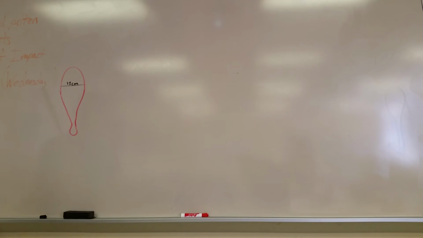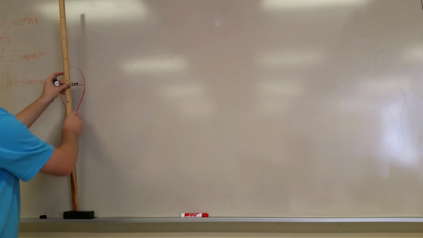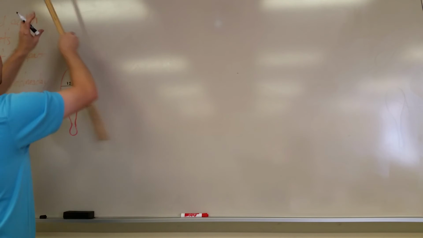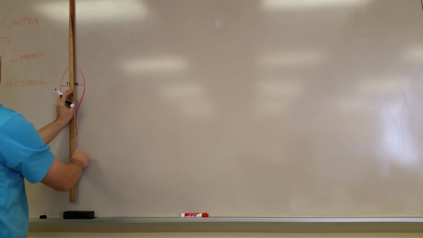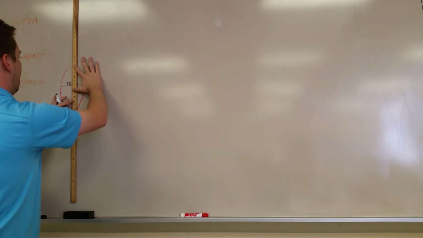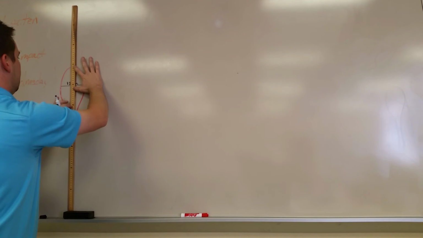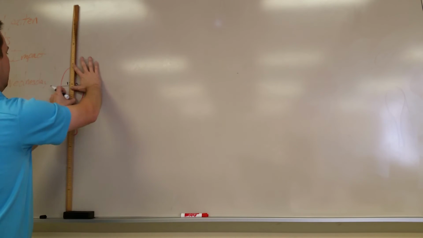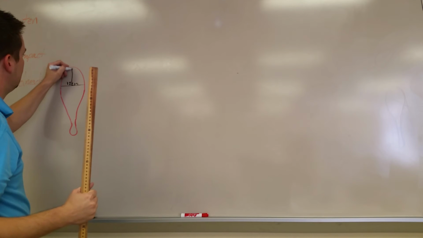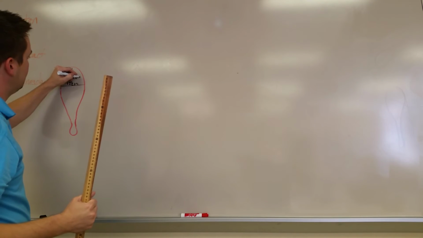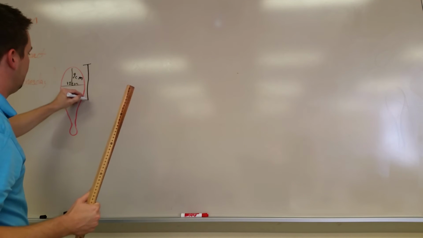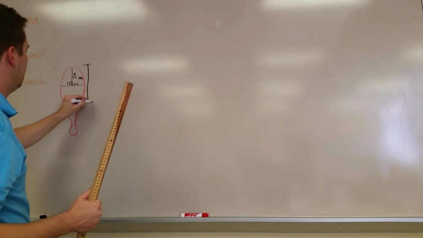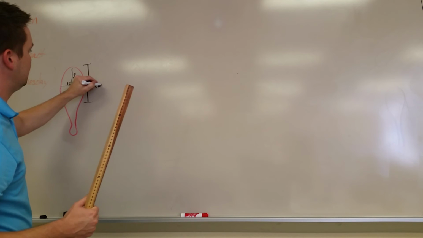Now, to do the length. We can't do the whole length. We're going to do half of it. And we do that by measuring from our width line and going up to the top. So that is 9. So this is 9 centimeters, which means the entire length, which would be something like here, is 18 centimeters.